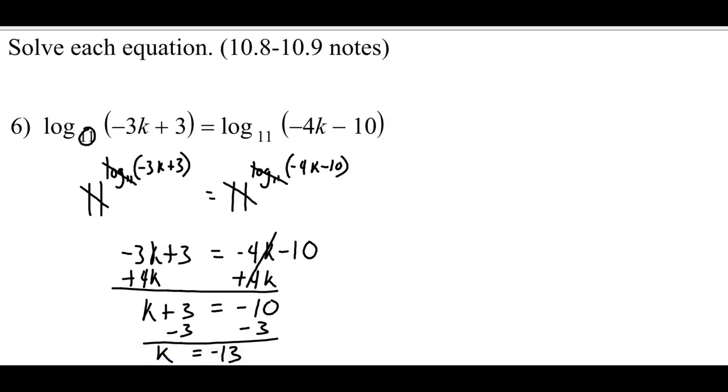Now that might be an answer or it might not. It depends. We have to remember that when you have log equations where there's a log on both sides, you have to check your answer to make sure it's not an extraneous solution. And you do that by just plugging it in. So I'm going to plug in the negative 13 here.